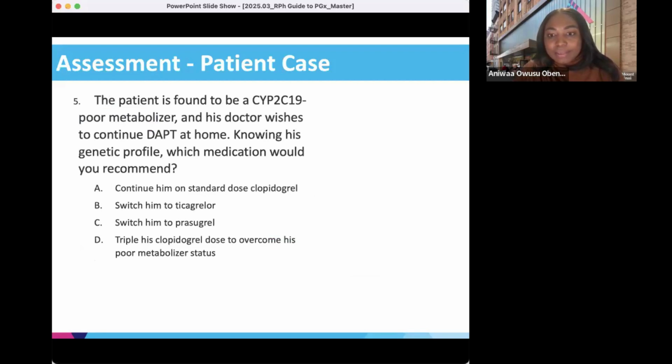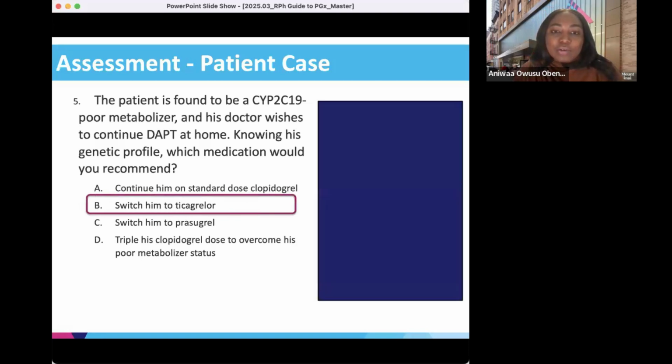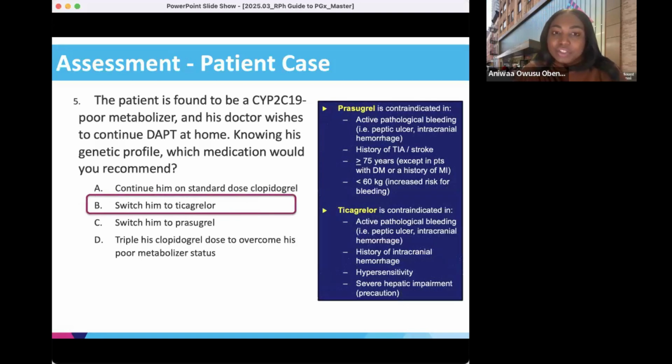I see B, I see C. If you said B, you'd be correct, because you also have to consider the contraindications. Prasugrel is contraindicated in active pathological bleeding, history of TIA, if the patient is 75 years old or greater, except in patients who also have diabetes and/or a history of MI, and also if the patient is less than 60 kilograms.